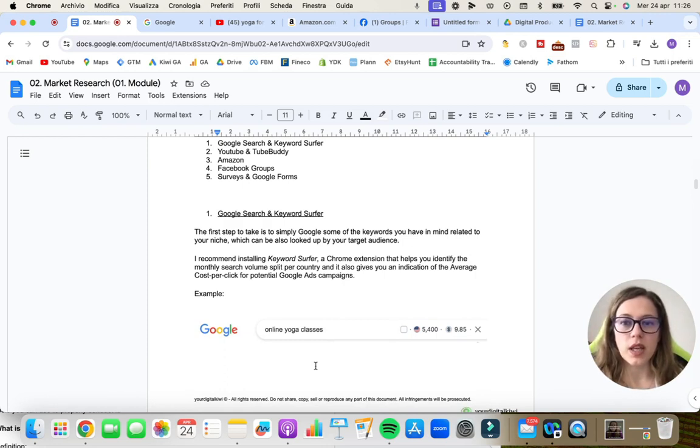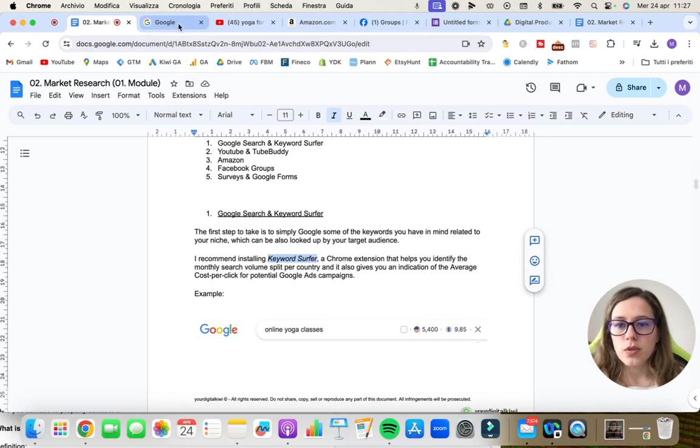The first step to take is to simply Google some of the keywords you have in mind related to your niche, which can also be looked at by your target audience. I recommend also installing Keyword Surfer, which is a Chrome extension that helps you identify the monthly search volume split per country, and it also gives you an indication of the average cost per click for potential Google Ads campaigns in the future.